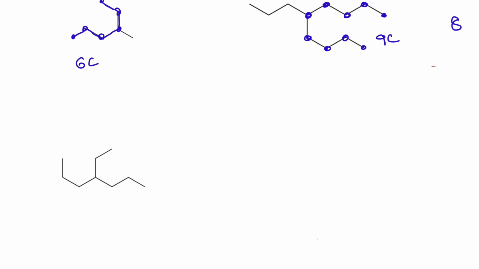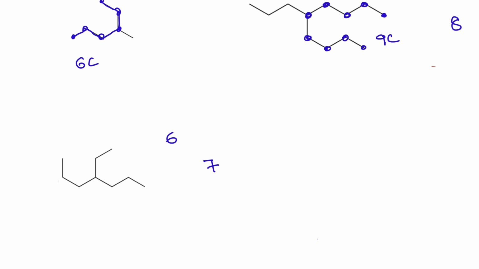And let us take one more example. Again there is no functional group. This is a terminal carbon, this is a terminal carbon, this is another terminal carbon. Let us take the possibilities: one is a 6 carbon chain, and here a 7 carbon chain.